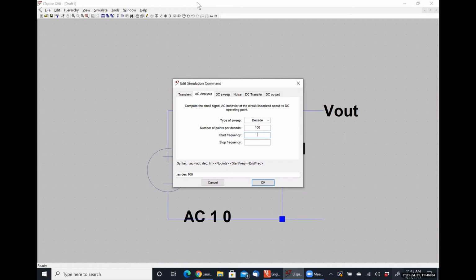So I'm expecting my 3 decibel frequency at 16 millihertz. So let's start this guy at 1 microhertz and end it at 1 hertz.